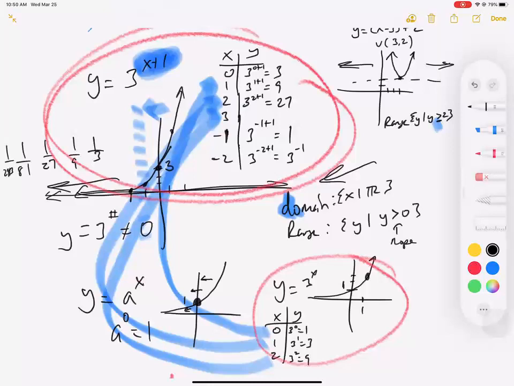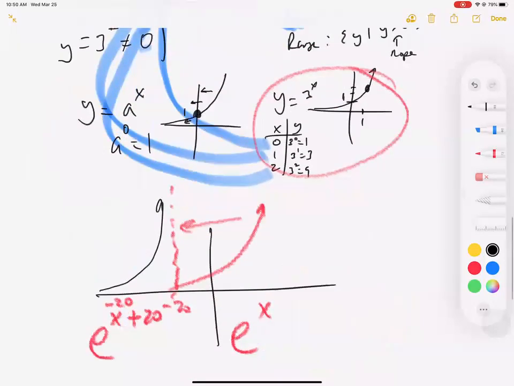One step later. Because the 3 to the x plus 1 is one step ahead. So the exponent, the plus 1 or minus 1, let's say, shifts it left and right. Kind of like my age graph here. If I wrote e to the x plus 20, that doesn't push the graph to the right. It actually pushes the graph to the left because it started earlier.